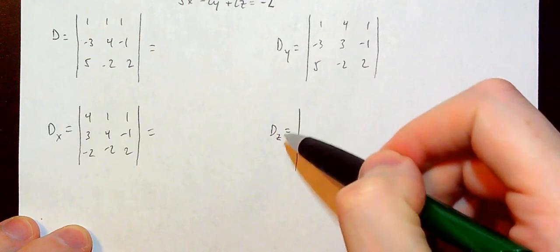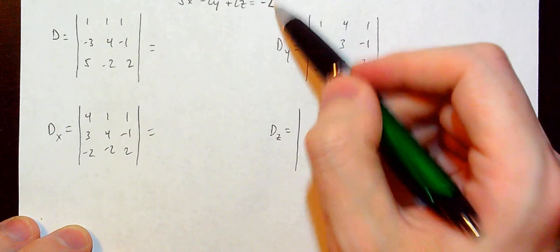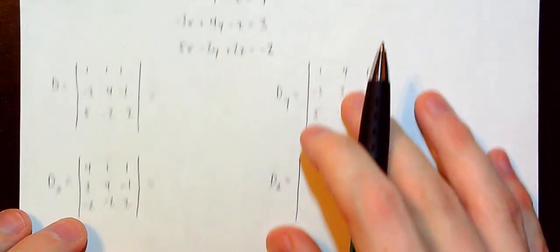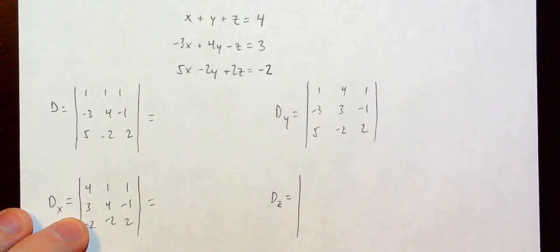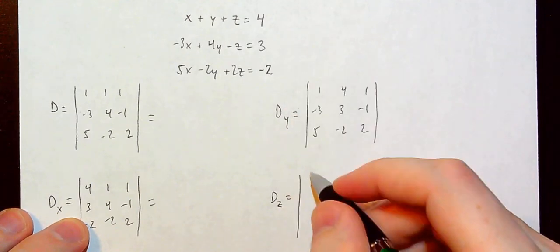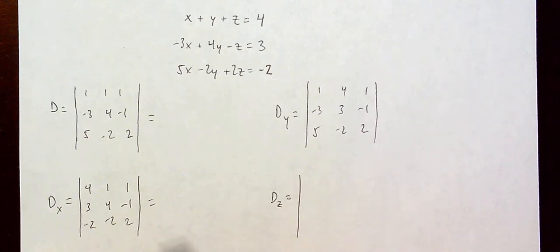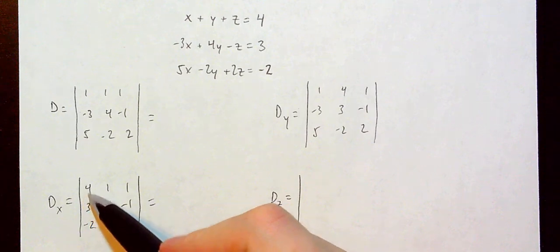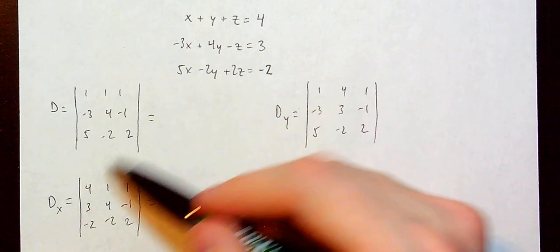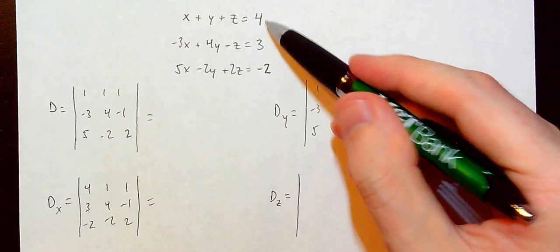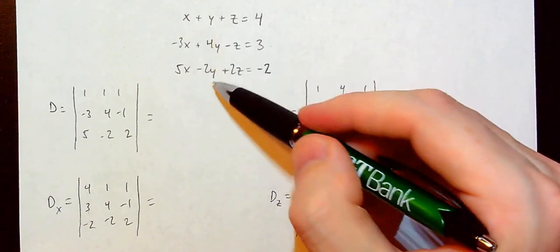And then D sub z, taking this guy here, the column of z coefficients is being replaced by these 3 numbers here, 4, 3, and negative 2. So if that was cut off earlier on in the video, I'm sorry. Again, D sub x, this column replaced the x coefficients column. And for D sub y, this column here replaced the y coefficients column, 1, 4, negative 2.